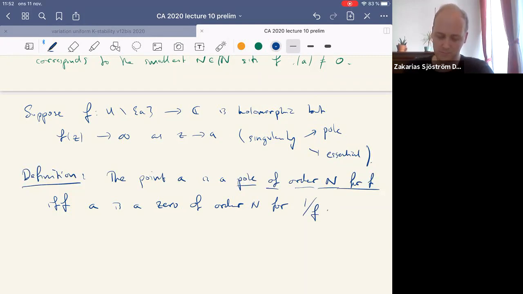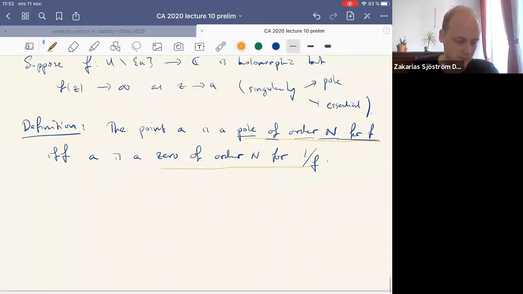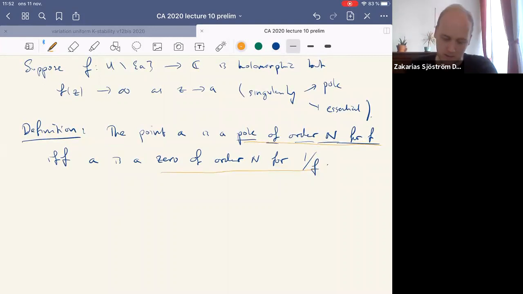It's a pole of order n for f if and only if it's a 0 of order n for 1 over f. And again, we get this sort of duality between zeros and poles. This is the slogan that I employ.